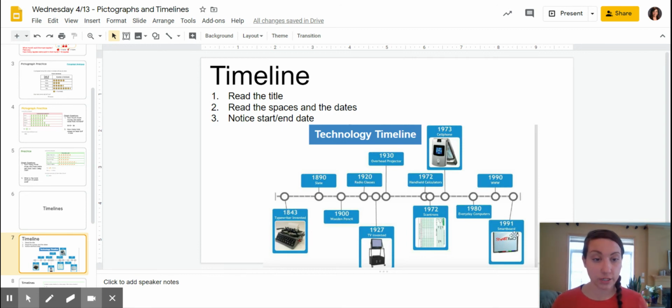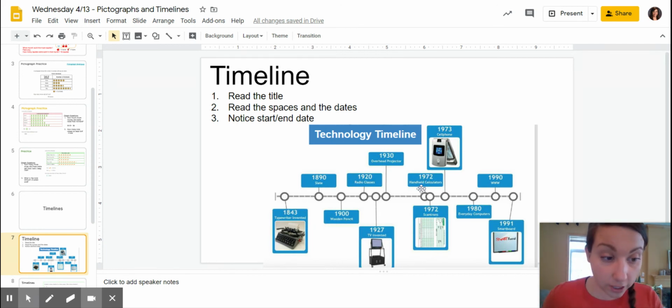We're lucky this one has pictures. One thing I also want you to notice is the spacing. So 1843 happened a long time ago, goes all the way to 1991. These two are pretty close together. These two are almost on top of each other. Notice 1972 and 1972.